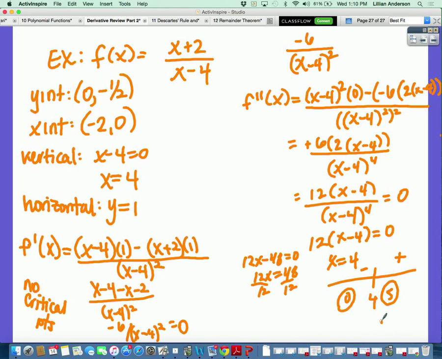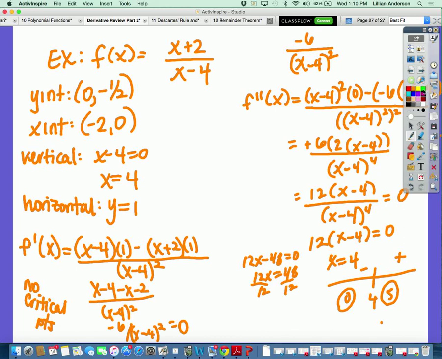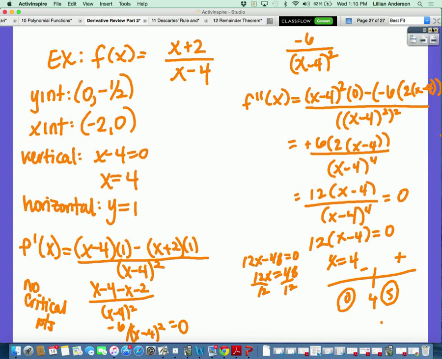Those are kind of restrictions, right? Anytime you have asymptotes, you also have to include those as restrictions, because you're neither increasing nor decreasing at those values, because they're undefined there.